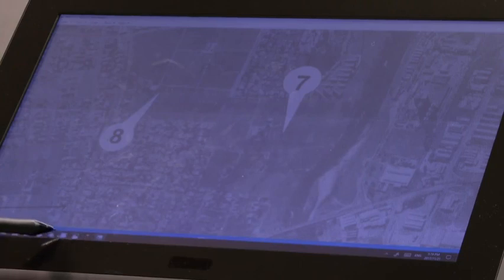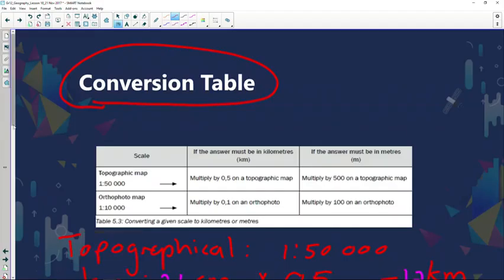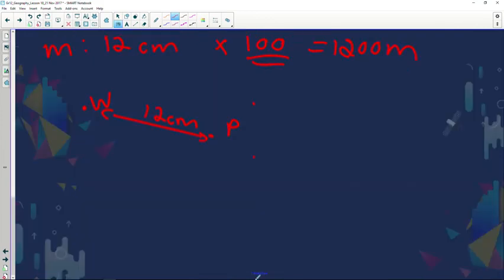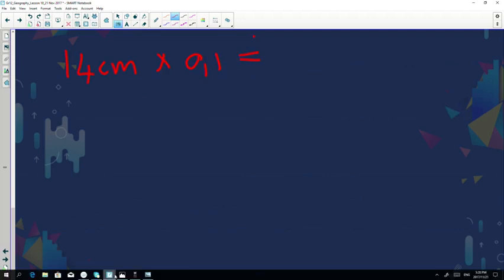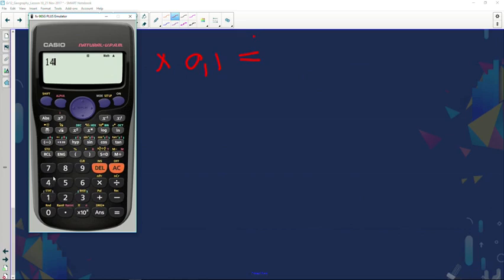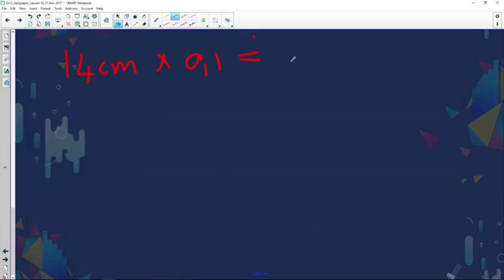So if we go back to our notes, let's quickly make a little bit of space down here. So 14 centimeters times 0.1, and if we quickly calculate that on our calculator, it gives us 1.4 kilometers.